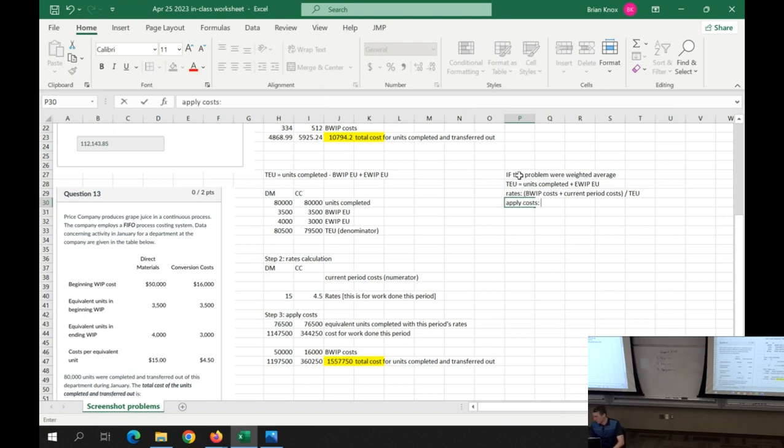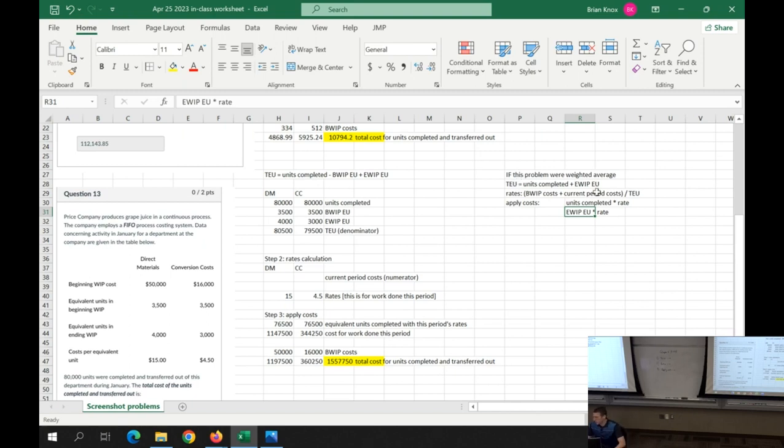When you apply costs, you do one of two things. You multiply units completed by the rate, and you get that category of cost, direct materials cost for units completed and transferred out, or conversion costs for units completed and transferred out. Or you take ending WIP equivalent units times the rate to figure out the ending WIP cost.